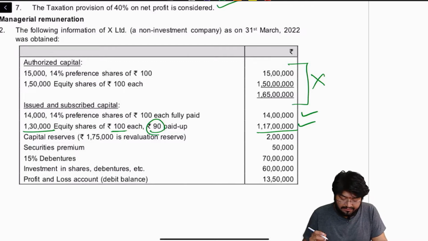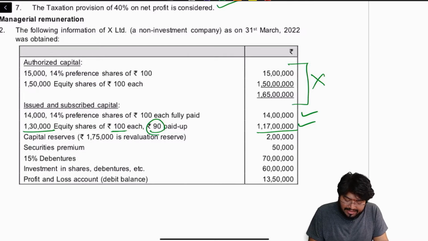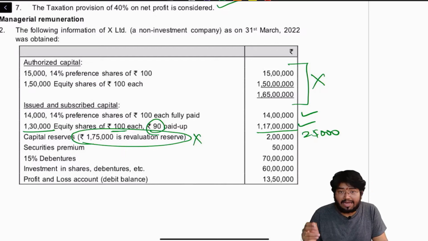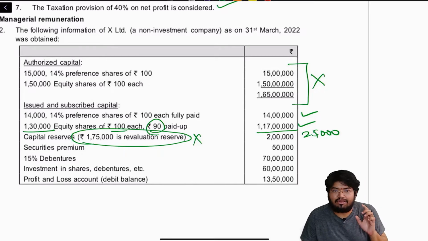Yes, sir. Then capital reserve, to the extent it is not cash earned, you are not supposed to consider. Hence, out of 2 lakhs, 1 lakh 75,000 would be deducted and only 25,000 would be considered. Okay. Any reserve which is not cash generated should not be considered for effective capital.